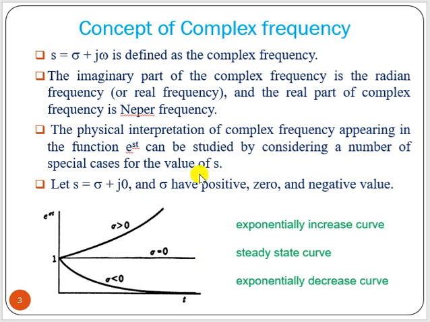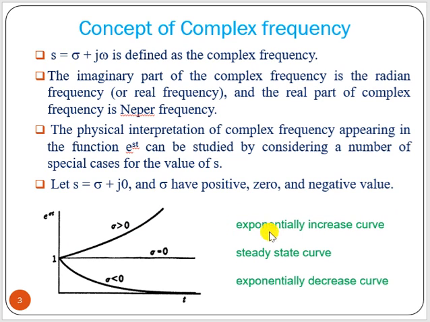Now say sigma is a positive value, so e to the power sigma t can be e to the power 2t, 3t, or 0.5t, whatever the value may be. That gives an exponential curve which is exponentially increasing.